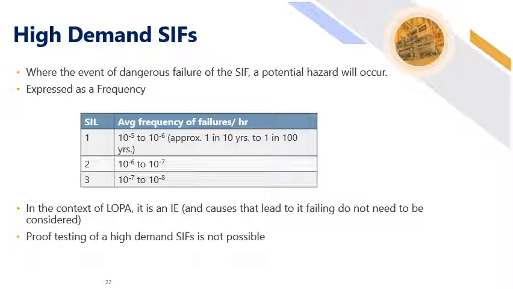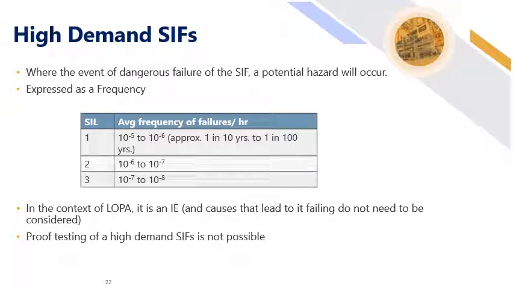Let's have a look at high demands and how to handle them as a safety function. When we're considering a high demand function in a risk assessment, what we do is we switch from having the function as an independent protection layer and actually consider it as an initiating event.